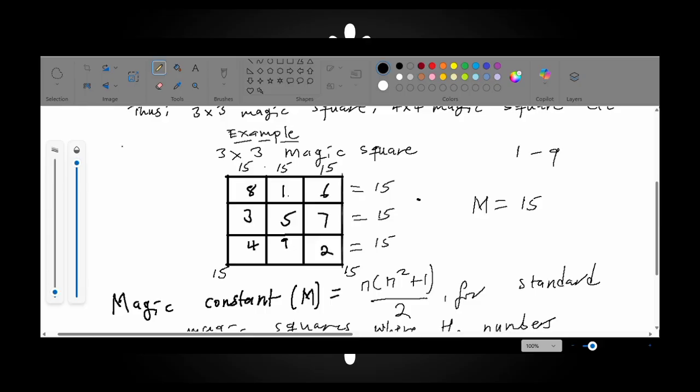It means you'll be having 9 different entries. Let us count together: 1, 2, 3, 4, 5, 6, 7, 8, 9. So since you have 9 different entries and you're starting from 1, your figures are going to end at 9. Okay, that is when we're doing the standardized one.